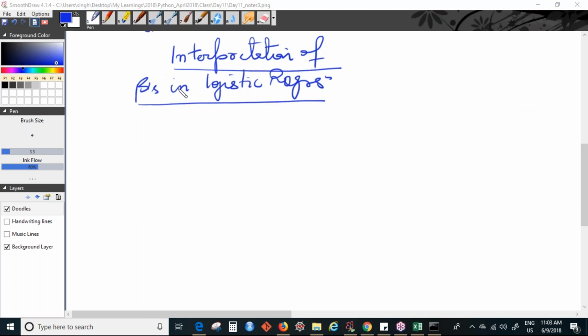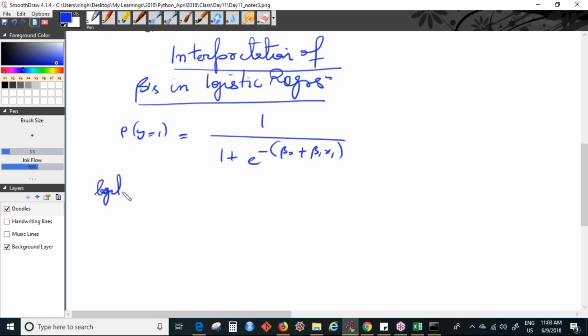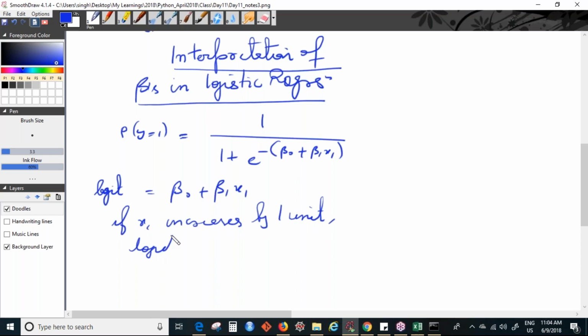Now how do we interpret in logistic regression? Since our equation is not linear, to make such an interpretation will be difficult. Let's say we have only one x. To make such an interpretation will be difficult because they are not linear. If it was linear, it was easy. That is why we use the logit, because when we are talking about logit, we are talking about the linear equation. So now you can say that if x1 increases by 1 unit, your logit increases by beta 1 unit.